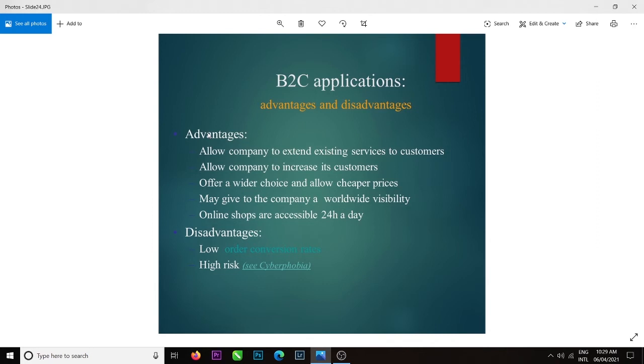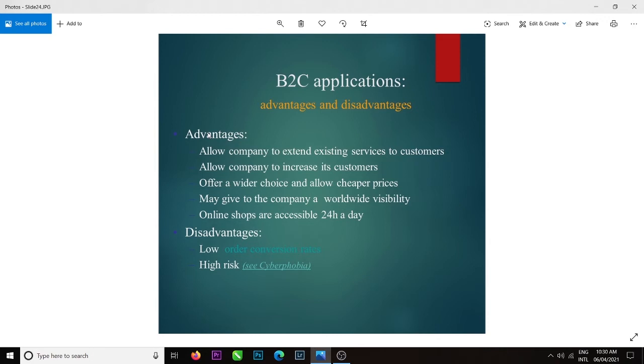Most of the youth search for mobile phones on internet platforms. They will find mobile phones or accessories at very cheap rates, and they will order them also. Not only that, if you browse or search keenly, we will also get products at lower prices which are available locally. It may give the company worldwide visibility.